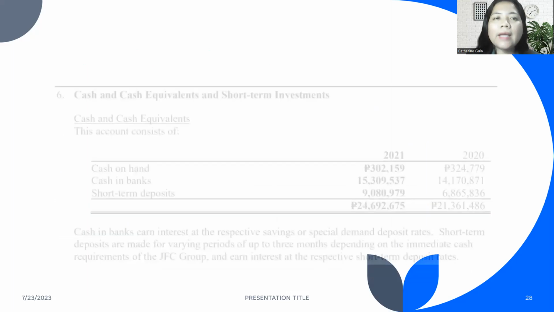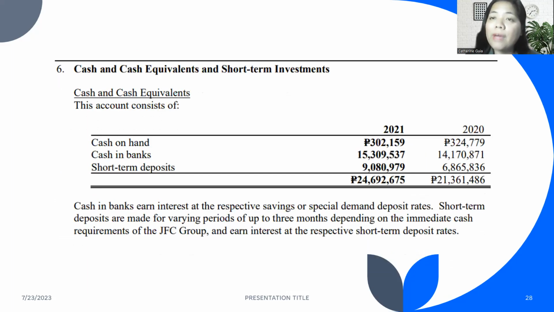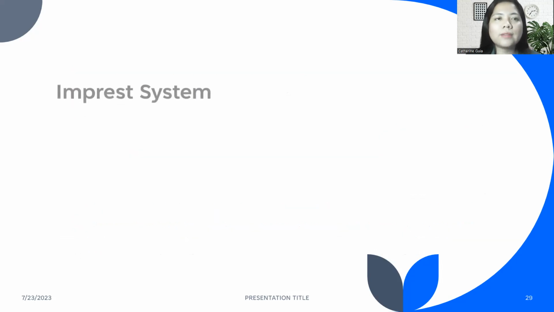In the next slide, this is note 6, where you can find the composition or details of cash and cash equivalents. For Jollibee, the composition includes cash on hand, cash in banks, and short-term deposits. If you notice, it's the same 24,692,675. So that's how we disclose in the notes the cash and cash equivalents.